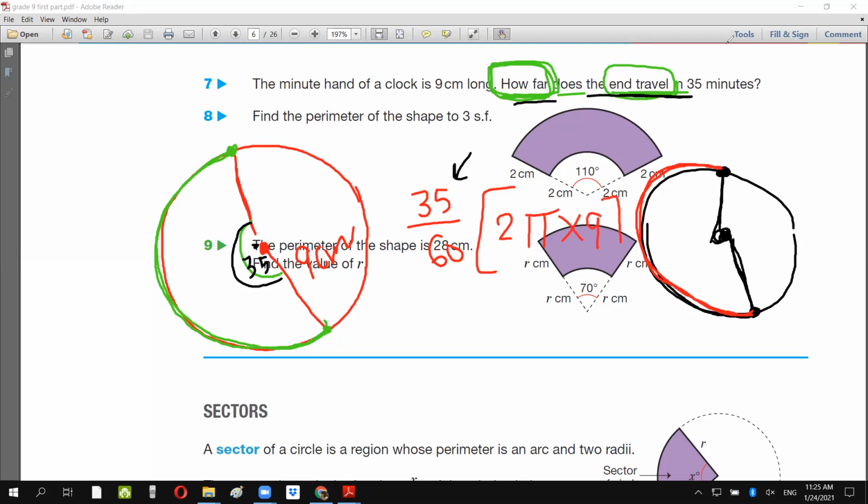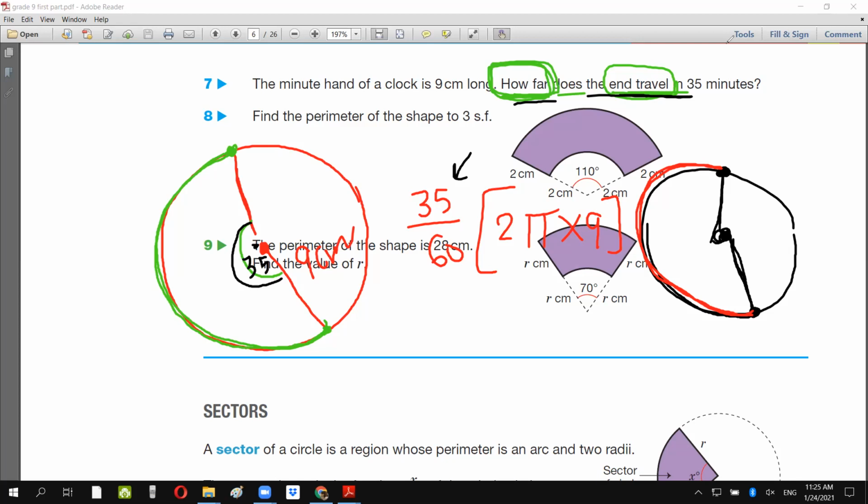I can write r as 9, because it's the radius. Clear or not? Clear. If it's not clear, I can repeat it 2 times, 3 times, a million times. No problem.